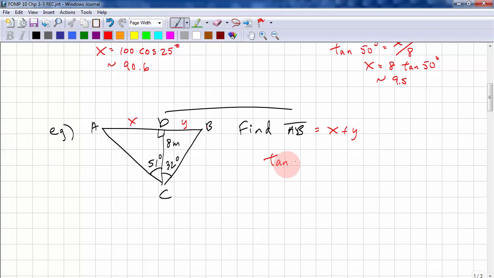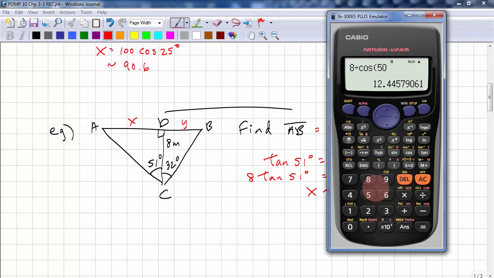So tan 51 equals x over 8. So x equals 8 tan 51, and x is approximately 9.88 meters. Okay, this one has units. So 8 tan 51 gives 9.88.